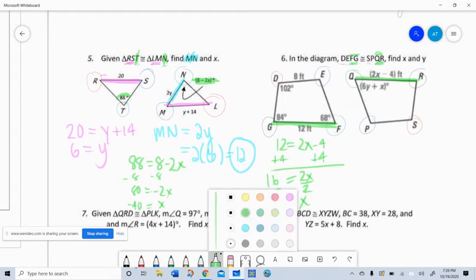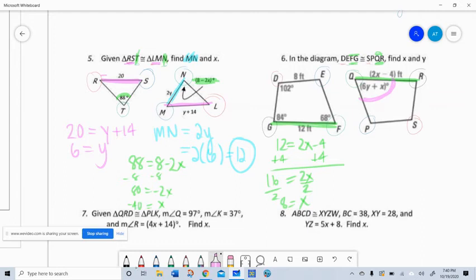And the next thing we need to find is what angles match up. So we know this guy over here is 6y plus x. And we want to figure out what angle matches up with Q. Well, Q is third, and so that would match up with F over here, right?